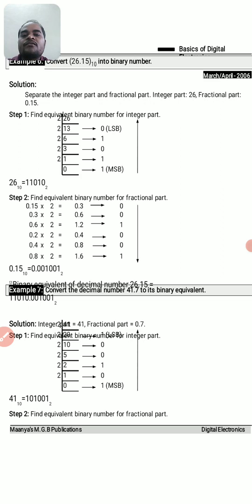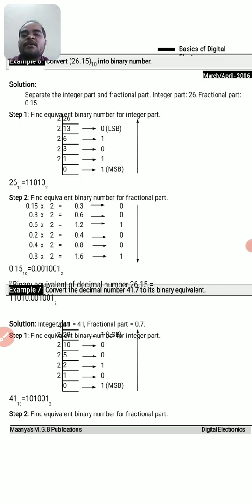For the fractional part we multiply by 2, like 0.15 multiplied by 2. We keep multiplying again and again until we get a repeated value, here up to 1.6. So at last, the binary equivalent of 0.15 is 0.001001 base 2.